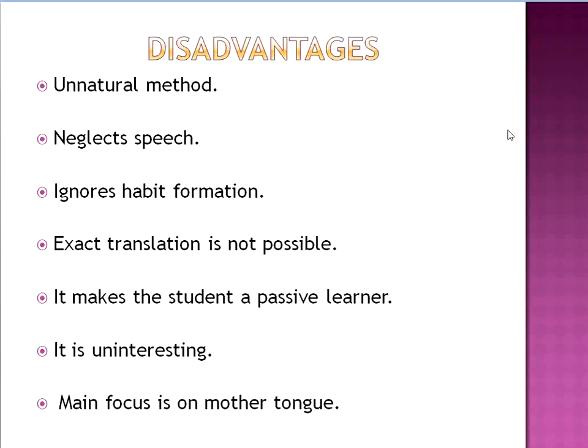The objective of teaching English is to enable the students to speak, listen, read, write, etc. So now, if the teacher is only going to focus on the mother tongue, then do you think the objective is fulfilled? No, it is not. That is why, from that particular point of view, we can say main focus is on mother tongue in grammar translation method, and as a result, what happened? The target language is neglected. So these are all about the disadvantages of grammar translation method.